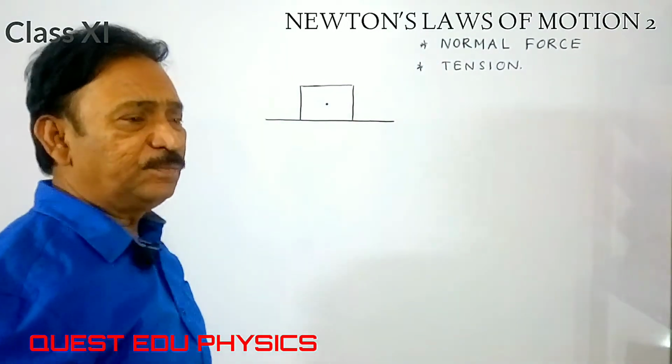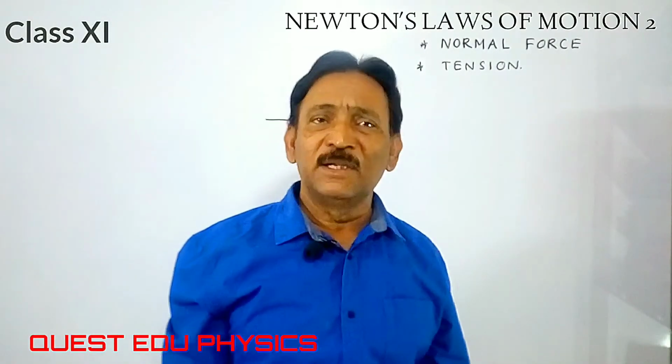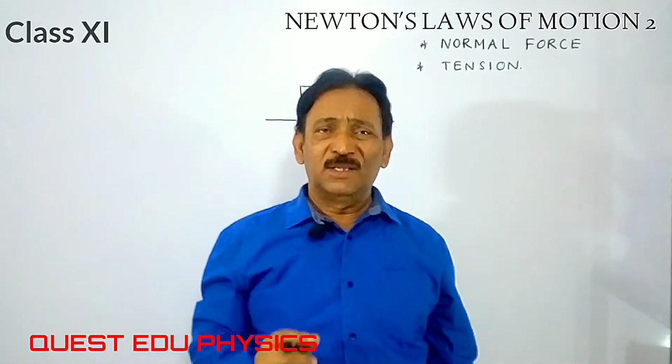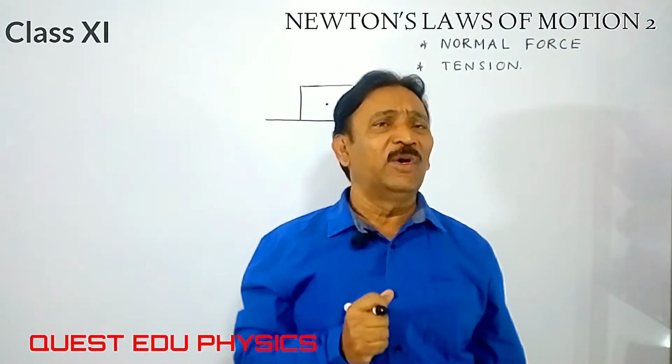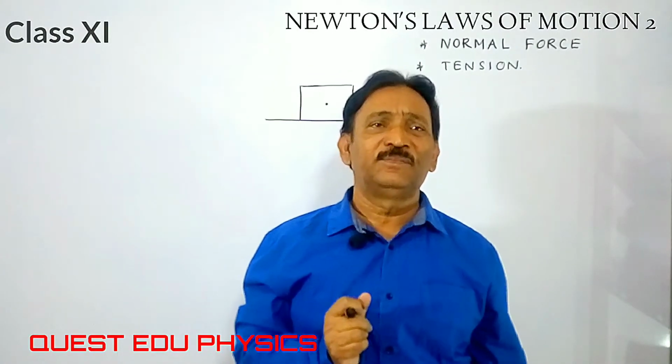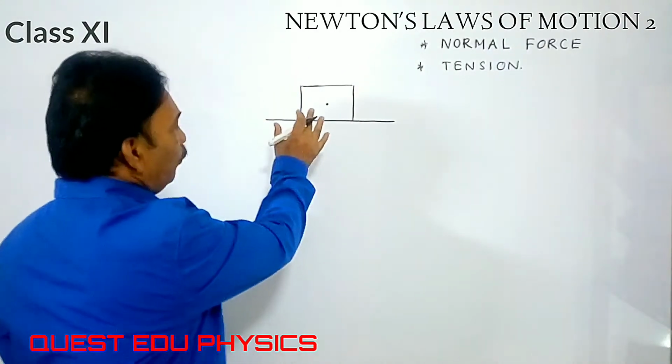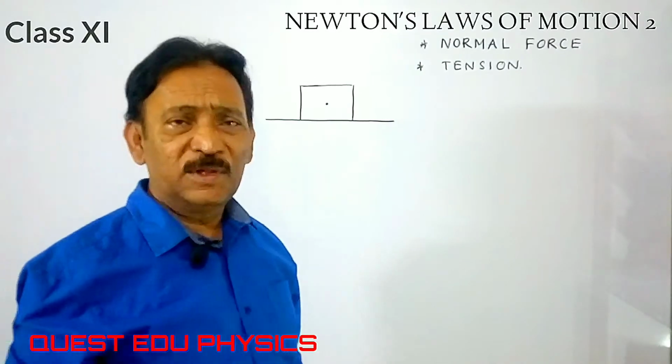In coming classes you will understand what is meant by center of mass. For now, the definition is: it is the point where the mass of the body is supposed to be concentrated.